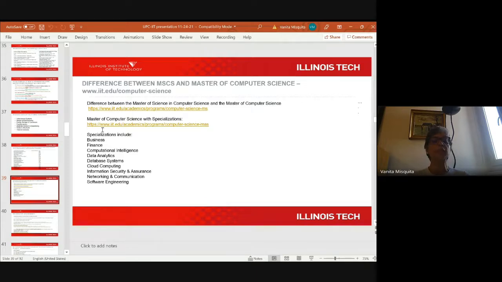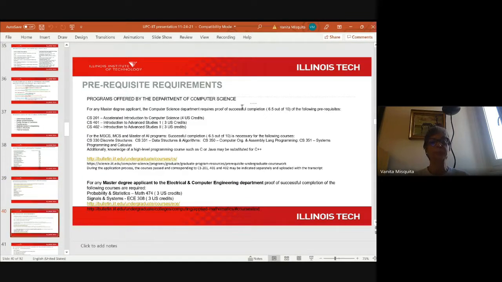However, if you're interested in the Master of Computer Science, there are many specializations. If you have an interest in business, you can specialize in business or finance. And there are other specializations like computational intelligence, cloud computing, information security and insurance, and so on.